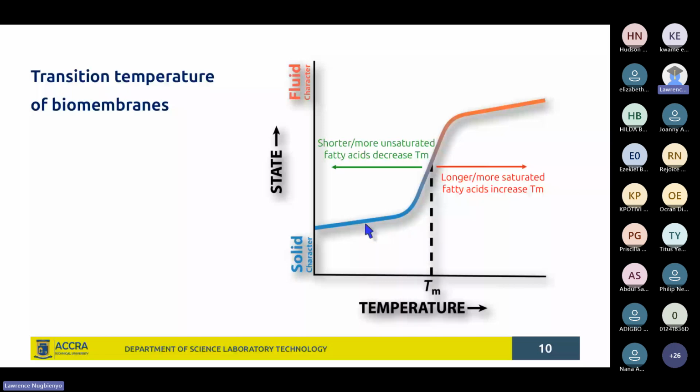There will be less amount of energy for the movement of the membranes, because the membrane is fluid, it moves, and so if you have lesser amount of energy, that is at a lower temperature, then it will be turning more solid, less fluid.